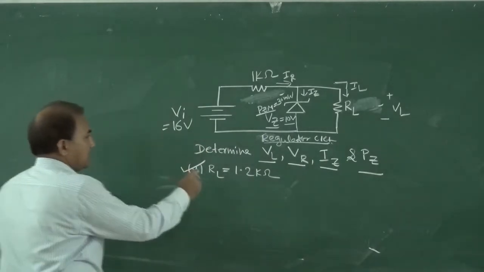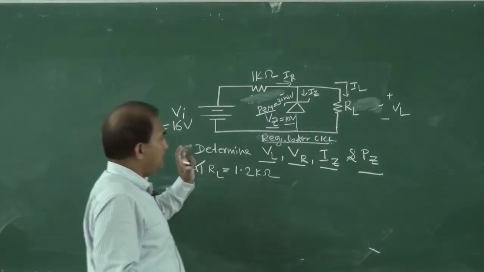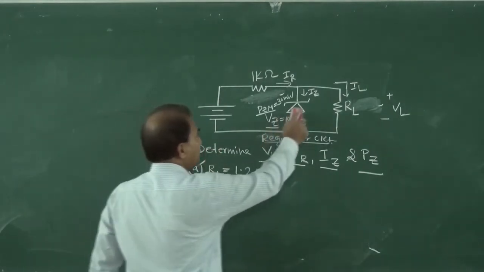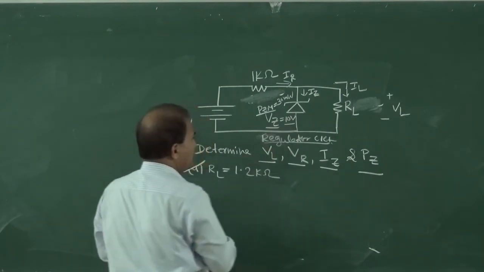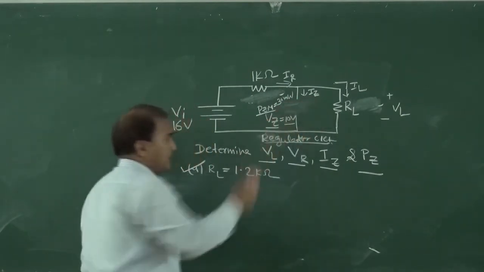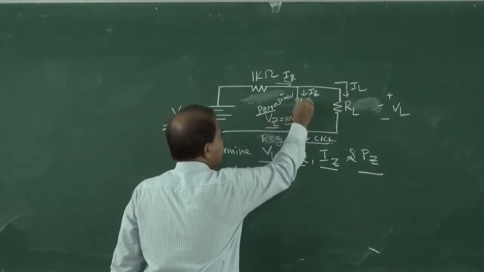Okay. So just now we discussed that first of all we have to remove this Zener diode in order to obtain voltage across AB.